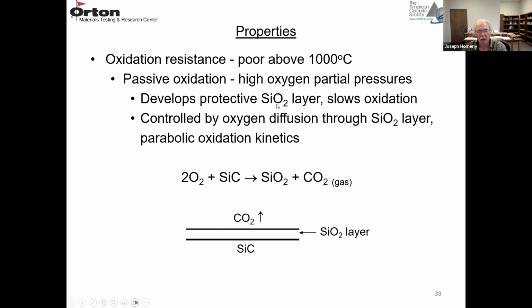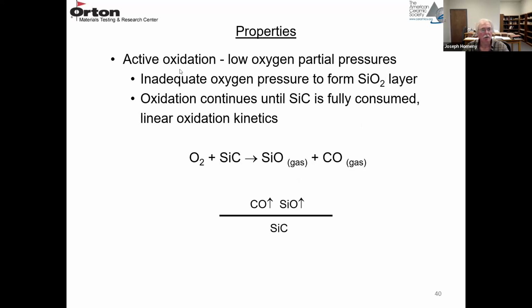So you develop a protective silica layer, it slows the oxidation. So the oxidation process is then controlled by how fast the oxygen can diffuse through the silica layer and react with the silicon carbide. As the layer gets thick, the kinetics become parabolic. So the thicker the layer, the slower the oxidation rate.